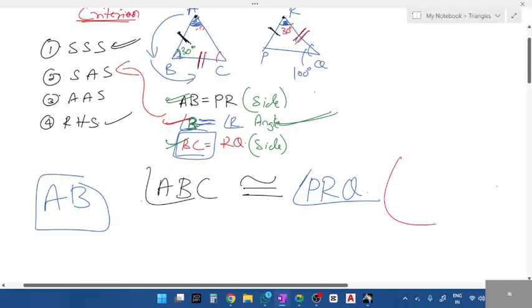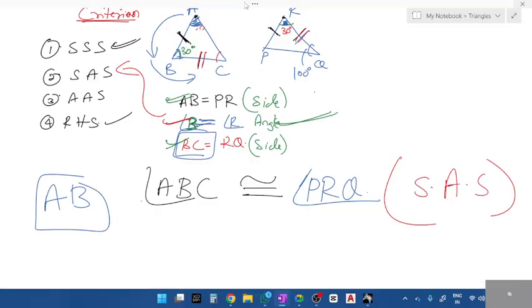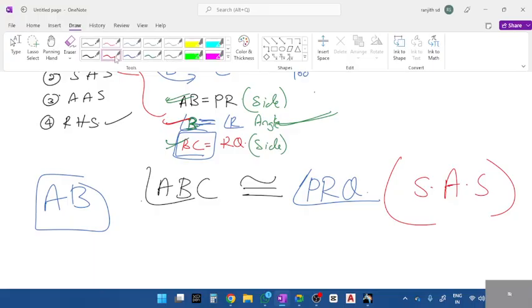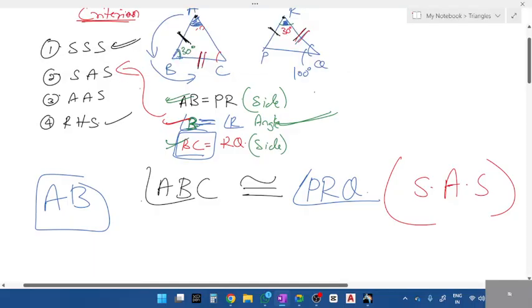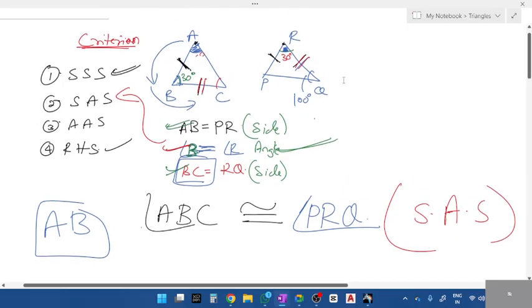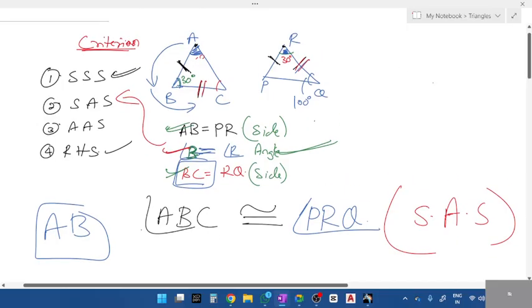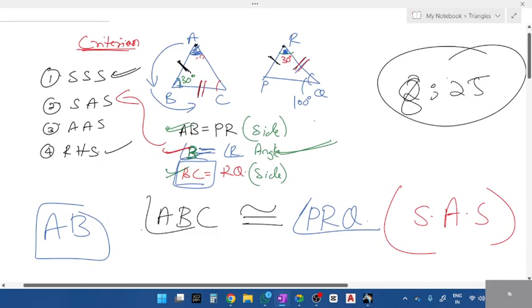So in bracket you have to write S, A, S. Side, angle, side. This is the meaning. Side, angle, side, SAS. Just make a note of this. Okay. After this, take break. We'll continue at 8:25. Up to 8:45 we'll conduct.